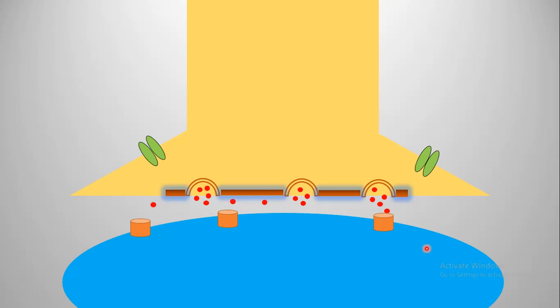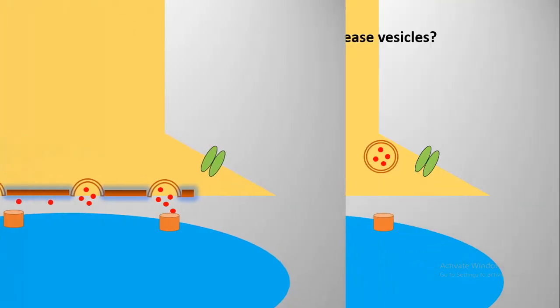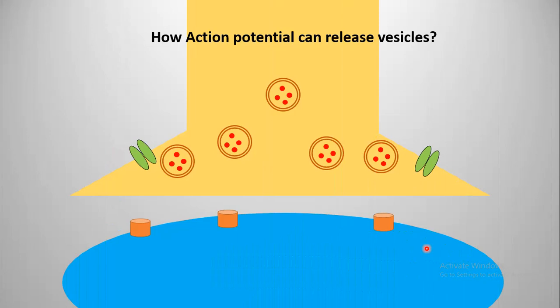Synapses are pretty interesting because with environmental experiences and exposure, they can change. The strength, the weight of the synapses could change, so synapses are very dynamic in nature. Also, it's a puzzle how an action potential can release the vesicles. All these things I will be discussing in my subsequent videos.